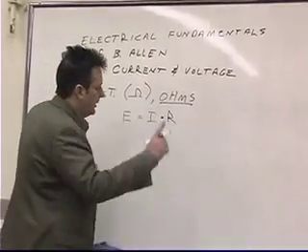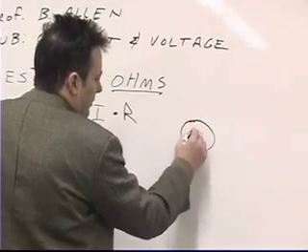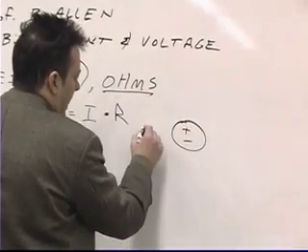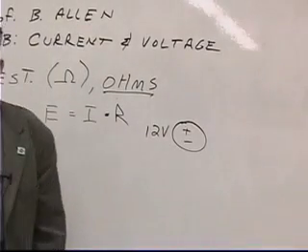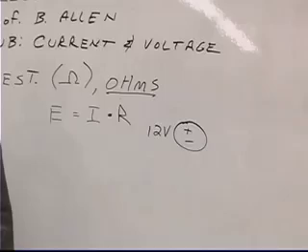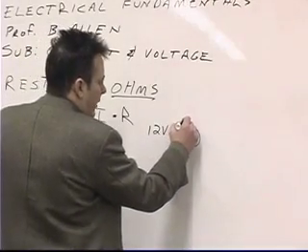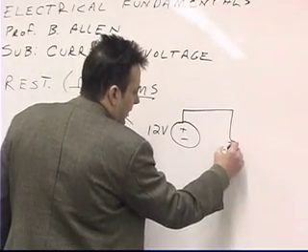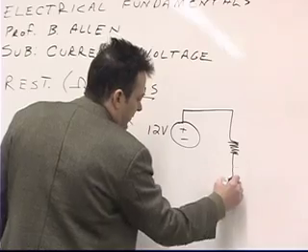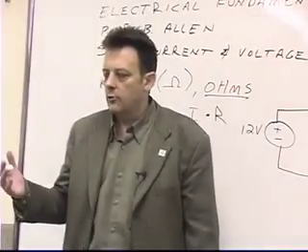So let's say that I had a battery, and the battery was a 12-volt battery from Walmart. Okay? And I took that battery and I hooked that battery up to a hairdryer. And I'm going to represent that hairdryer by the resistance that's in the hairdryer.